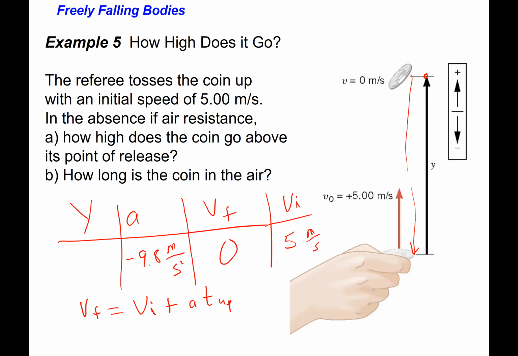Once I rearrange this equation to solve for time, which I wrote specifically as time up, I simply double that value because the time it takes to go up is the same amount of time it takes to come down. So once I solve for time, that will tell me how long the coin is in the air.